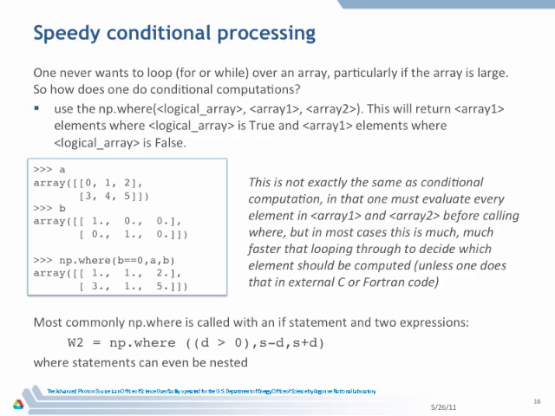Okay. What about when I want to do something different depending on whether the value is, let's say, positive or negative? I want to use this calculation method except where b is 0. For the 0 values, I want to use what's in here.